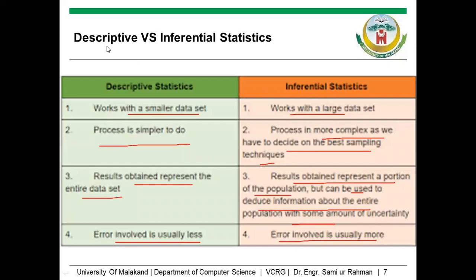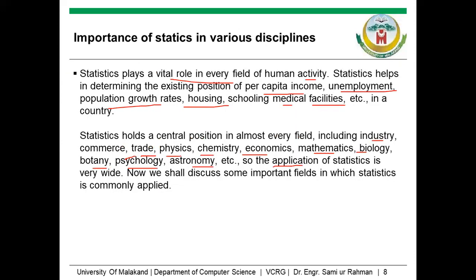Because in statistics, we perform methods related to either descriptive statistics or inferential statistics. Okay, and in all these fields we need to take decisions on the basis of some statistical data using statistical tools.